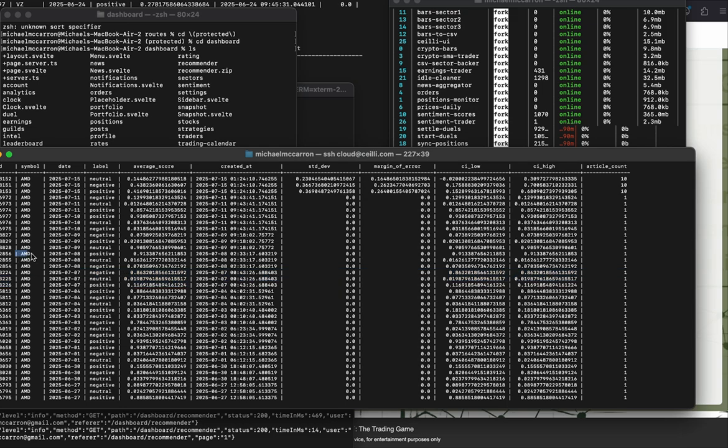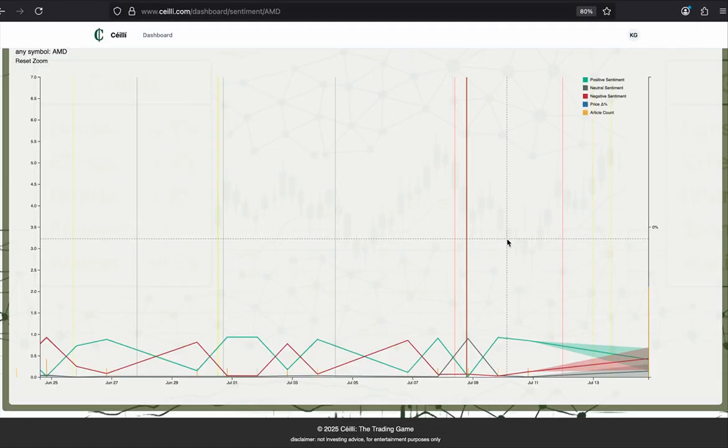Then we go over to July 8th, and we see a switch in the data. The positive sentiment score goes up to 0.91, which is pretty high, and the negative just plummets to 0.07. And from that, the market reacted, and we saw a 13% increase in the price of AMD over that trade life, which I just closed right now, right here.